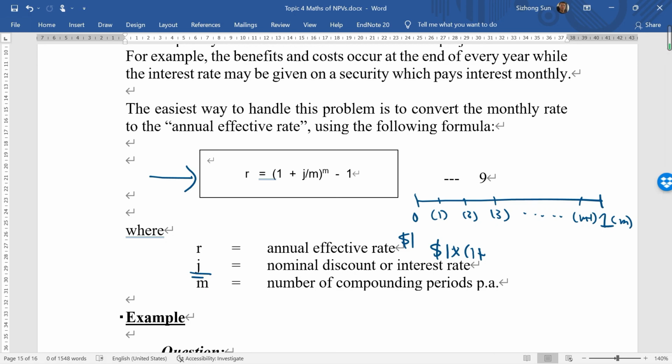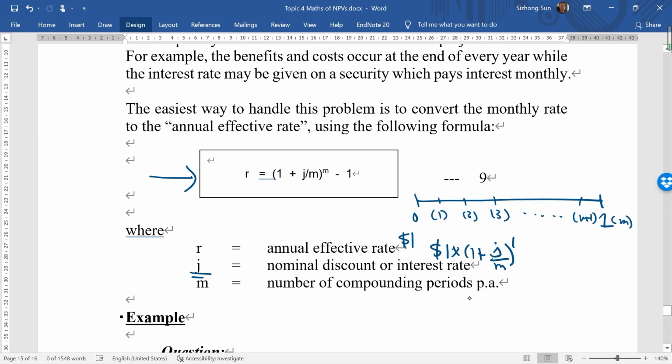What is the interest payment here? This is J, the nominal annual rate, divided by m. So J divided by m gives the nominal rate for each compounding period, raised to the power 1. That's at the end of the first compounding period.